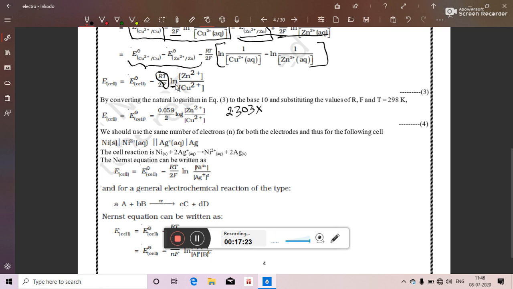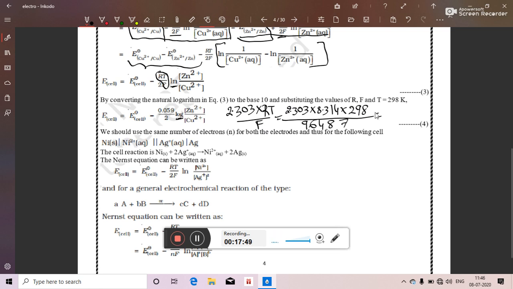R, T and F, all three are constants. So when you multiply 2.303 with RT upon F, that means 2.303, R is 8.314, T is the standard temperature 298, upon F is 96487.